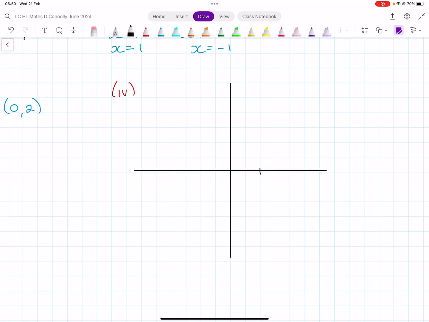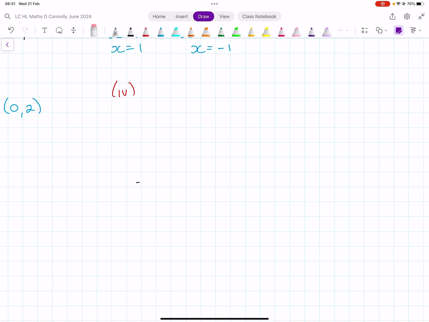So 1, 2, 3, 4. Minus 1, minus 2, minus 3, minus 4. That's really annoying. Why didn't I just go a bit further? Sorry, I'm just going to do it again.